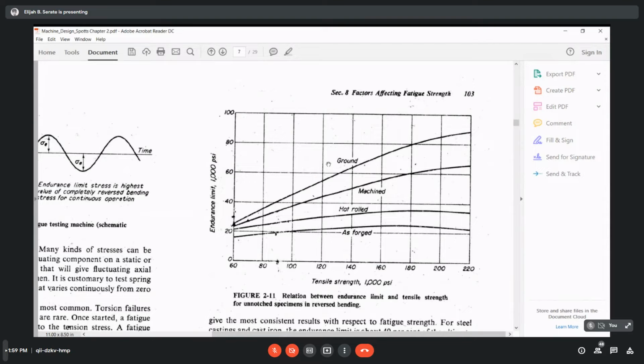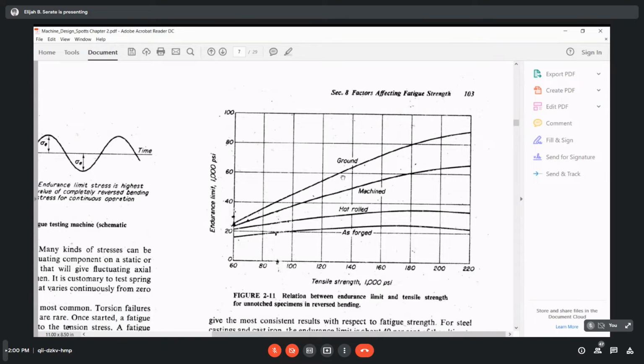But of course, a grinder is a way of grinding. But you can still make it smoother with sanding. So the ground condition is the smoothest surface of the material. And you will notice that the one on top has a higher endurance limit compared to the one at the bottom. That is why your endurance limit is on the left side.